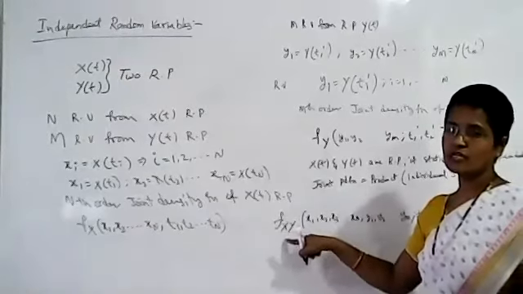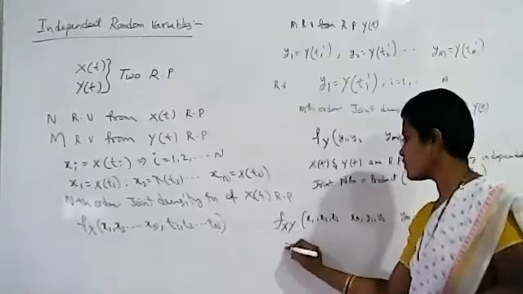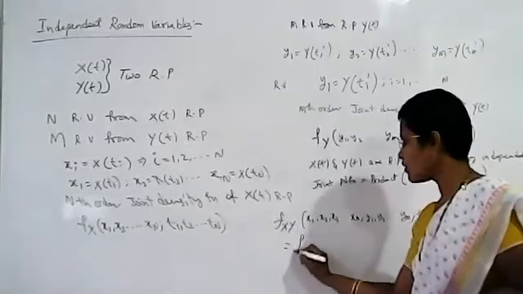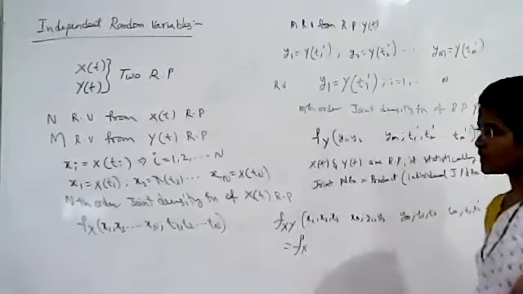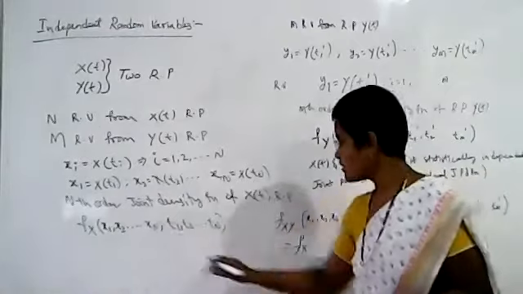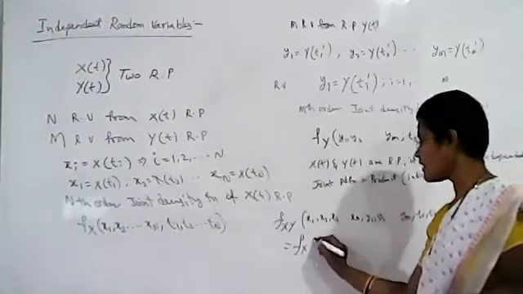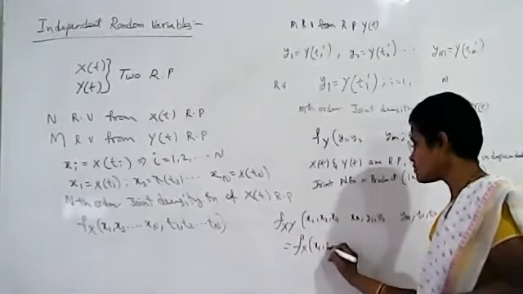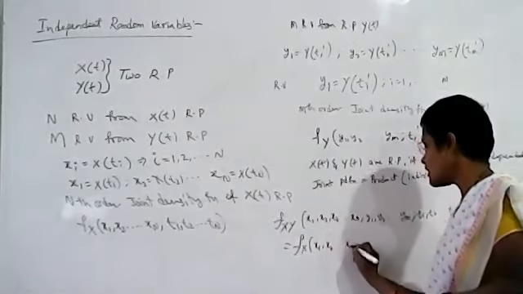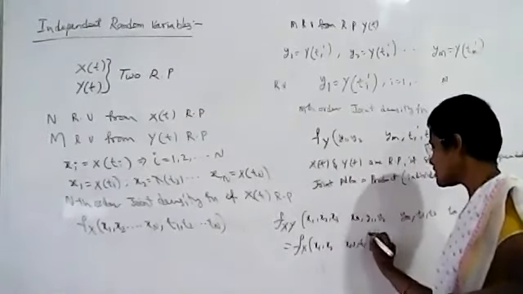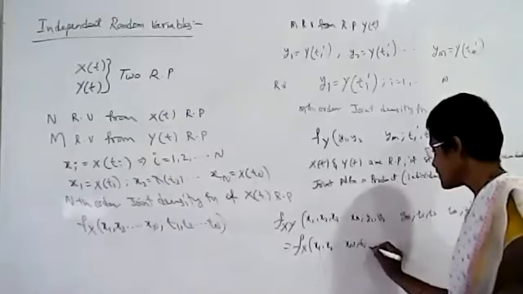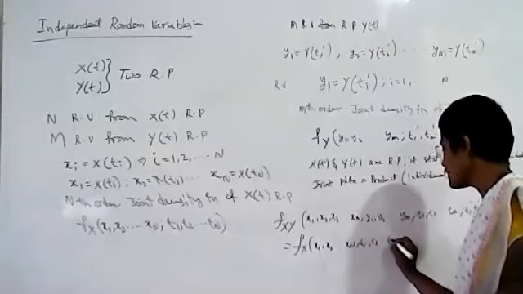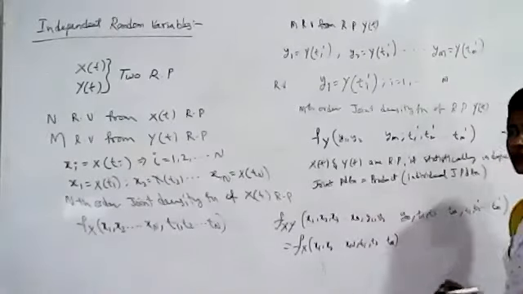So it is equal to the product of the individual probability density functions. The individual probability density function of the random variables X will be f_X(x1, x2, ..., xn; t1, t2, ..., tn), because they are random variables.